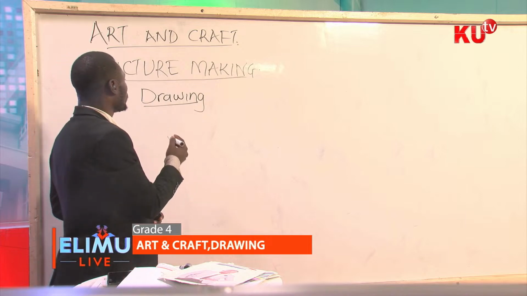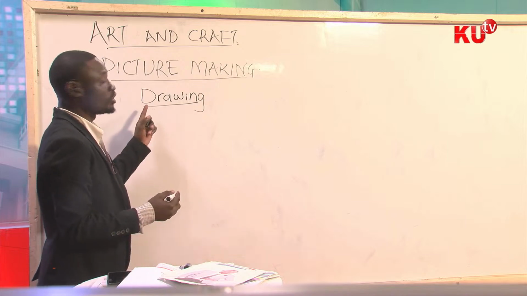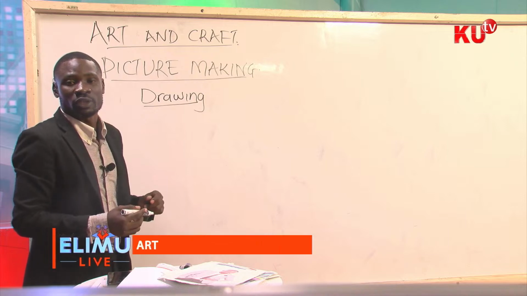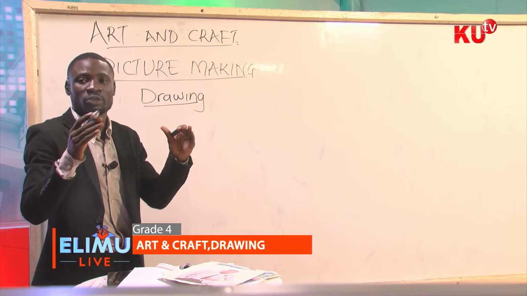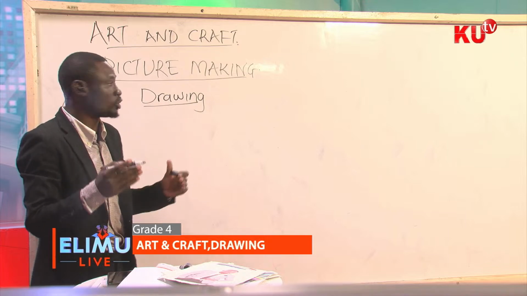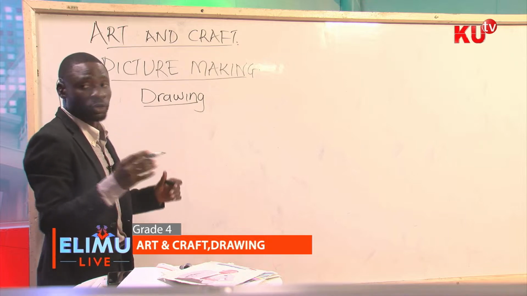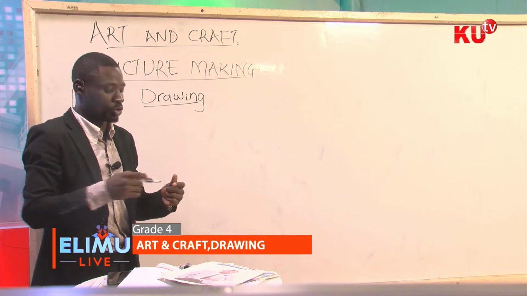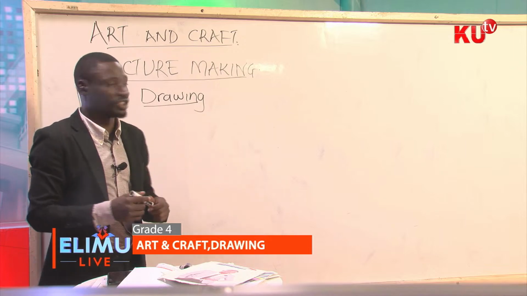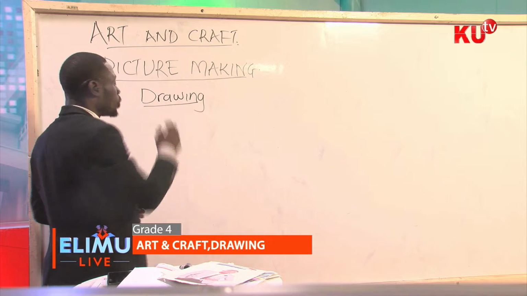One of the ways that pictures can be made is by drawing. Some pictures are taken; you can use a camera to create a picture. You can also use collage and mosaic, etc. But today I want us to major on drawing.